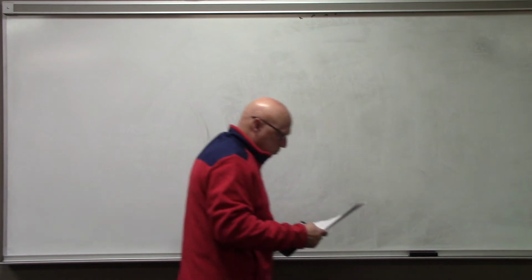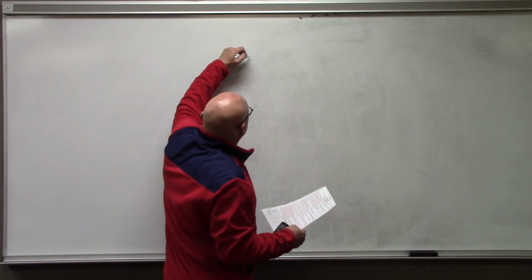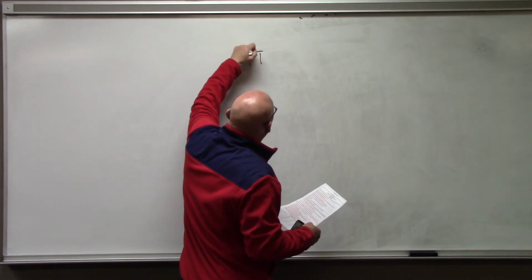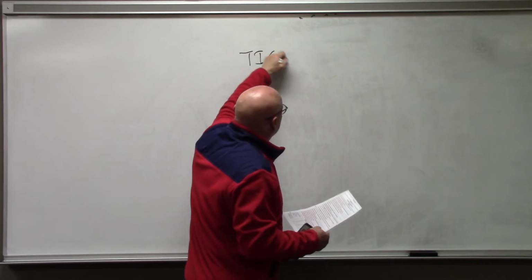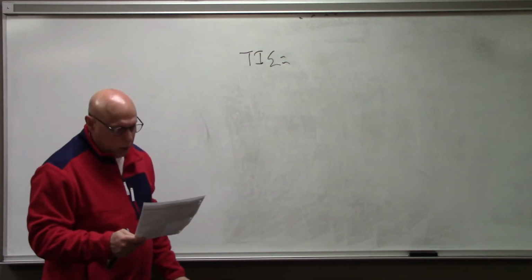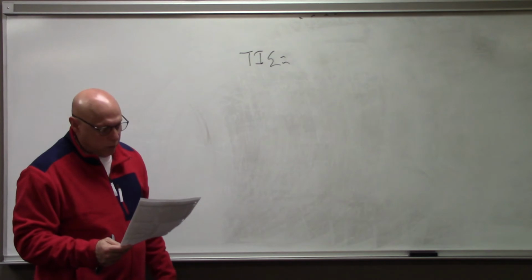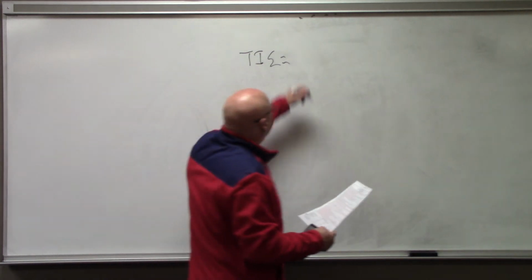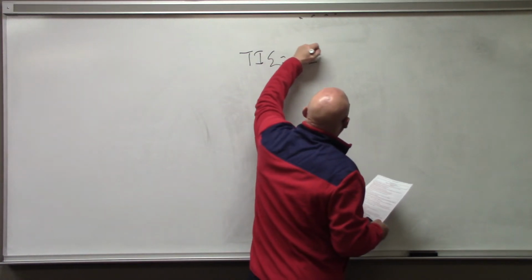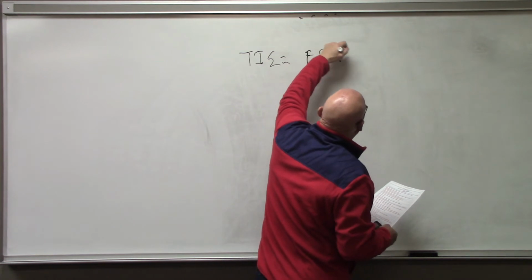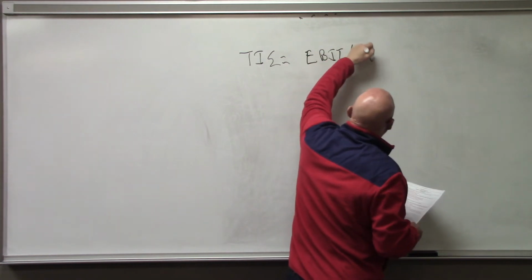All right, so now we've got times interest earned. Another way of looking at leverage and how it affects our company. And that is EBIT divided by interest expense.